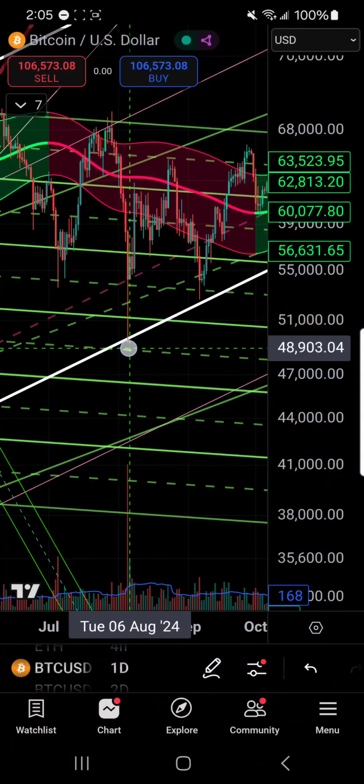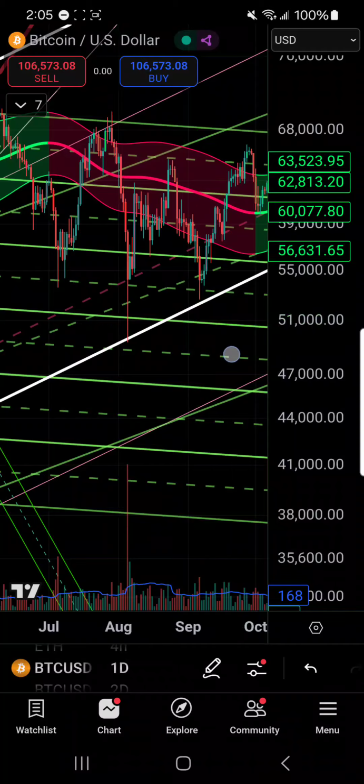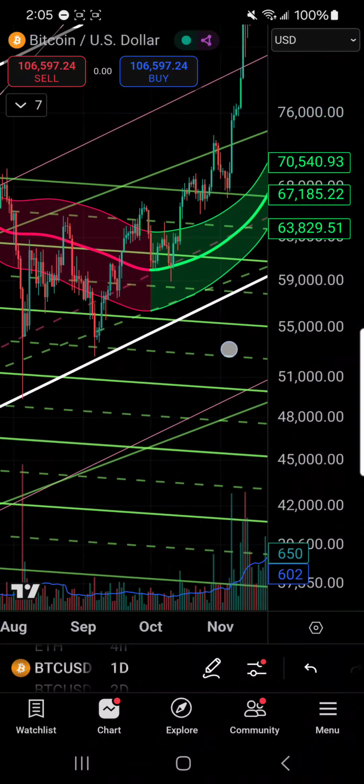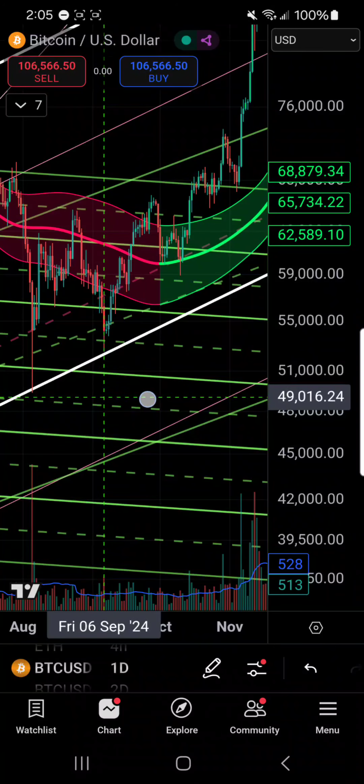So here we have this contact point here on the 6th of August 2024. Here on the 6th of September 2024. It should be the 8th, I think. Probably a Monday. Oh no, it's Friday the 6th.